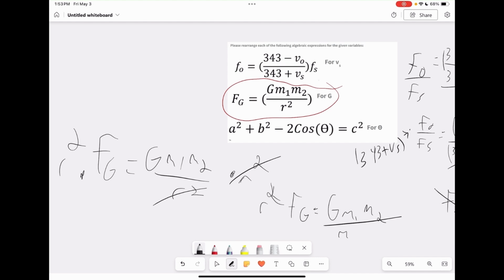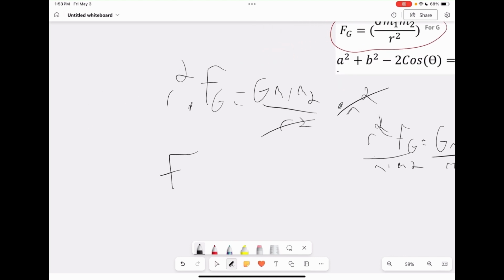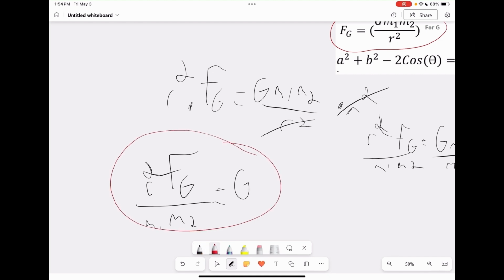Divide both sides by m1 and m2. We get r squared Fg over m1 m2 equals capital G. And there we go.